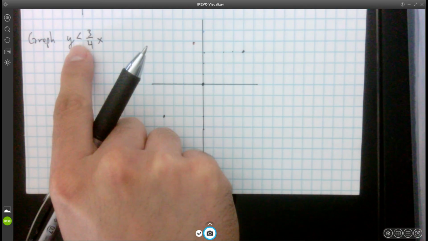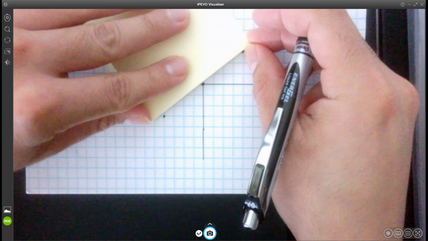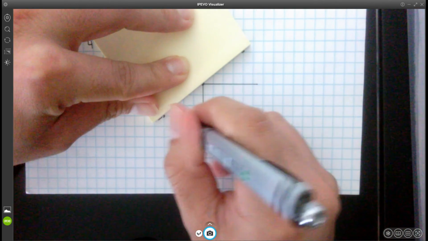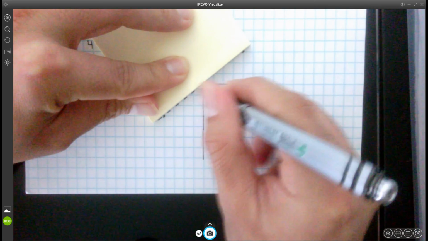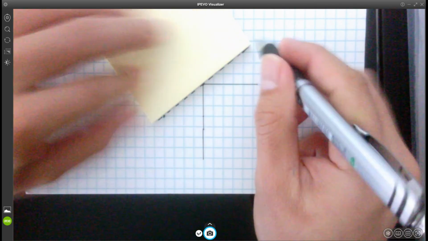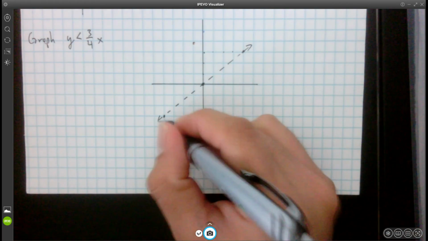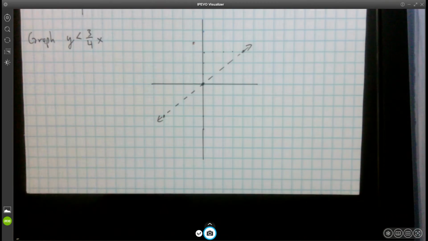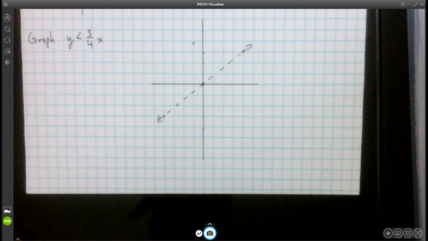Now, I'm going to connect these points, but I'm going to use dashed lines, all right, because it cannot equal any point on this line. It has to be less than, right? Now, my test point is going to be a little tricky. It's up to you which test point you use.